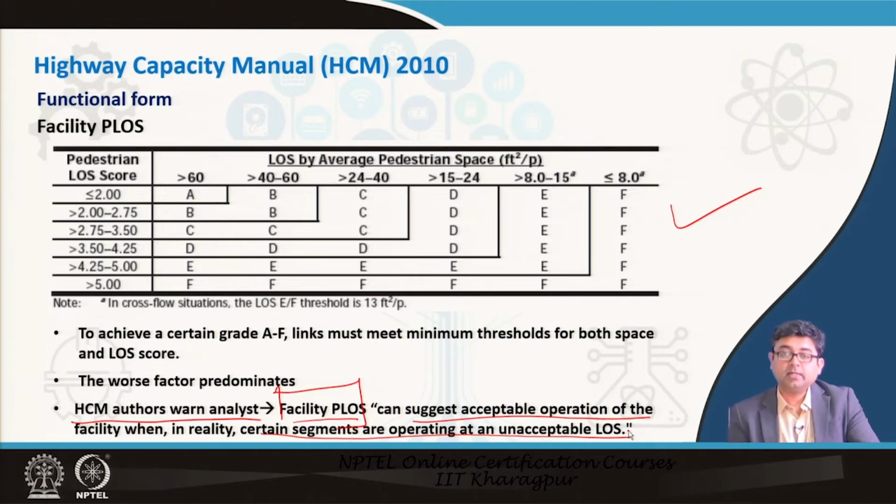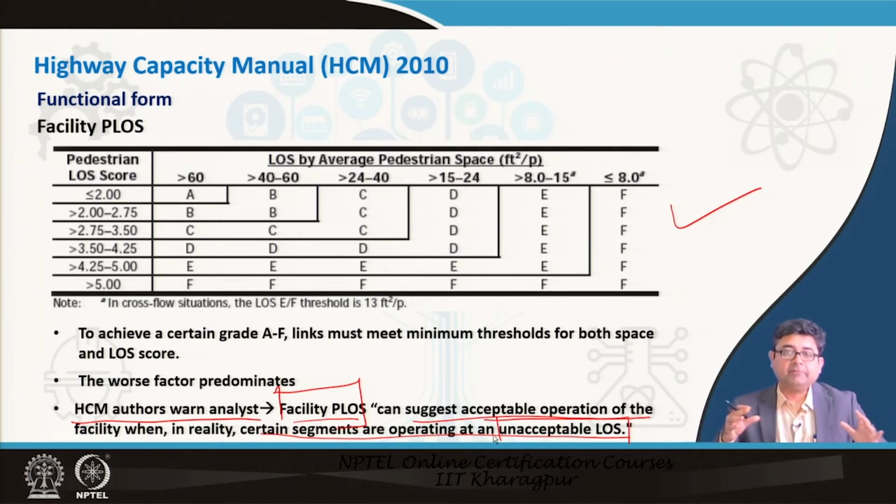Since you are doing a weighted average of all the segments to calculate the pedestrian level of service of the facility as a whole, within that facility certain segments may still be operating under unacceptable level of service, but that may be only for a smaller length because it is a weighted average of the segment lengths. Even if that small length is operating at an unacceptable pedestrian level of service, the entire facility may have a good pedestrian level of service.